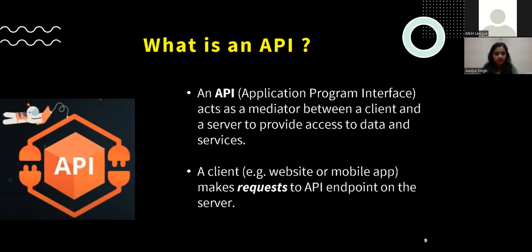As I have already told in that digital restaurant example, the API takes the request from the client, and here the client would be anything like a website, a mobile app, or anything. They will make a request to the API endpoint, and the API in return gives the response from the server to the client.